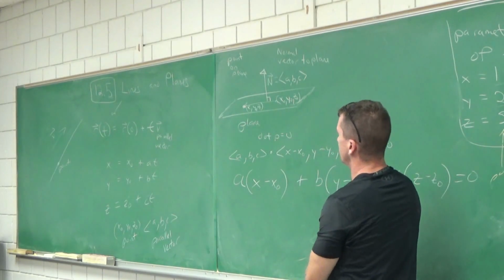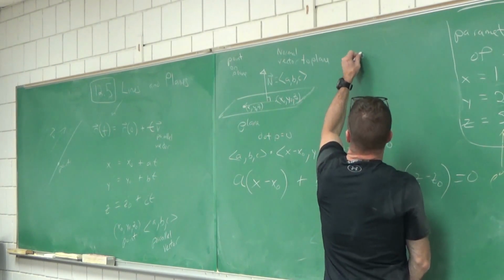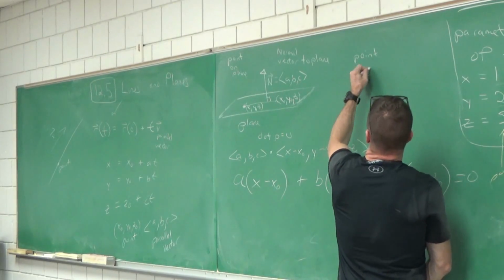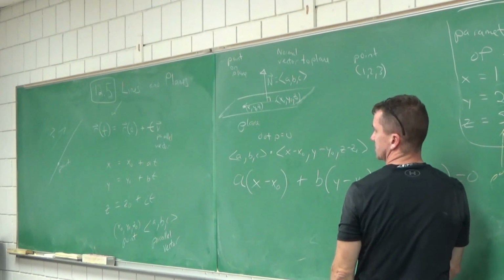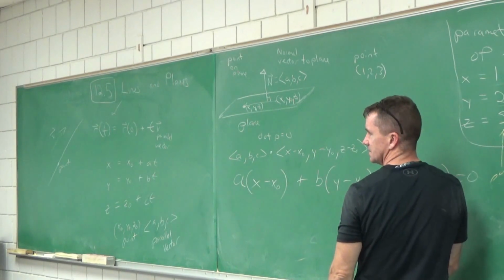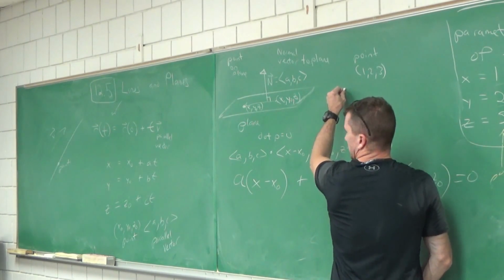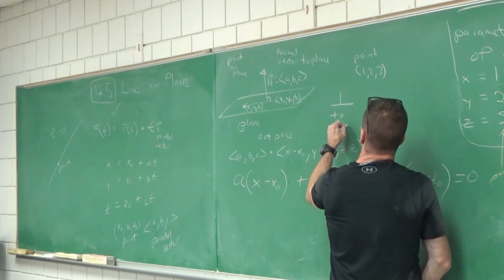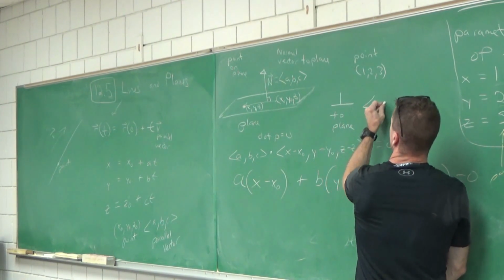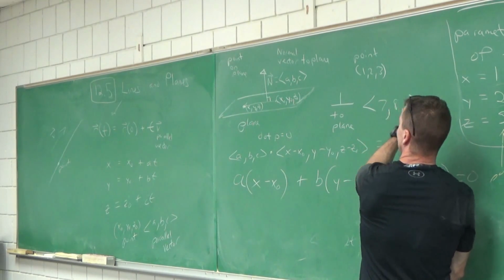So on that note, everyone, here you go. Here's my point: 1, 2, 3. Here's my perpendicular vector. Didn't I use 4, 5, 6 before? Okay, everyone. This vector is perpendicular to the plane. Perpendicular to the plane is the vector, how about 7, 8, 9? Okay.